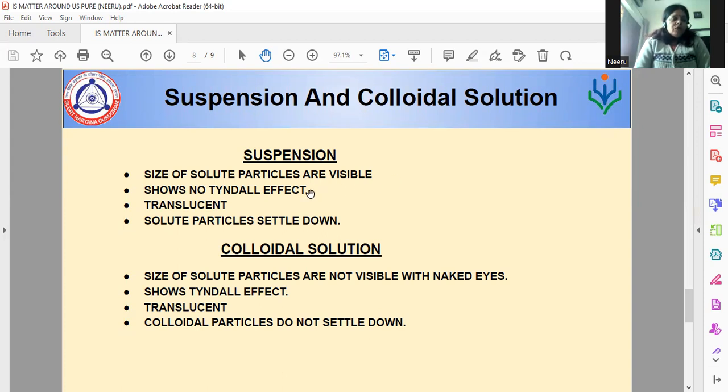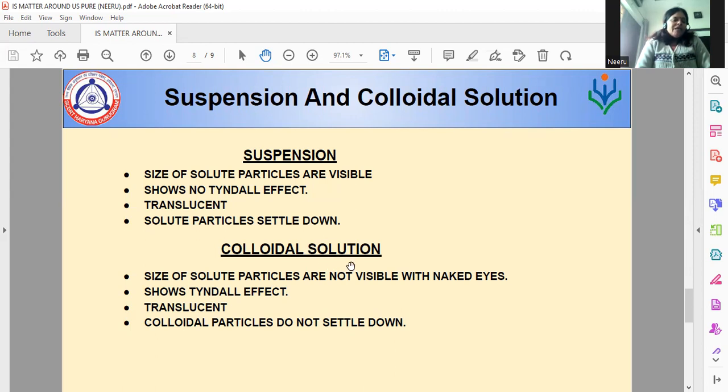It shows no Tyndall effect. Tyndall effect is the scattering of light. If we point a torch at that solution, it will not scatter the light because the solution is a bit translucent and particles are not evenly distributed, so it will not show the Tyndall effect. Tyndall was the scientist after whom this effect was named.